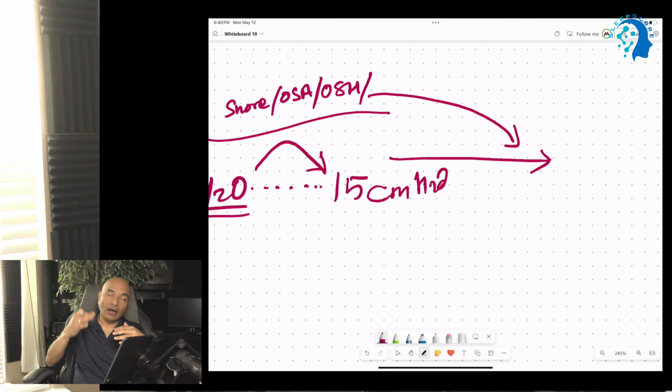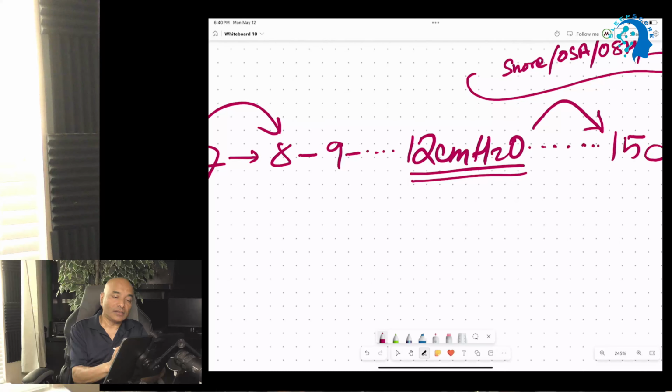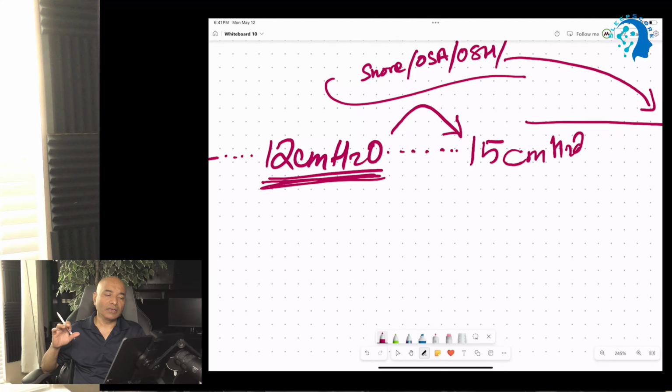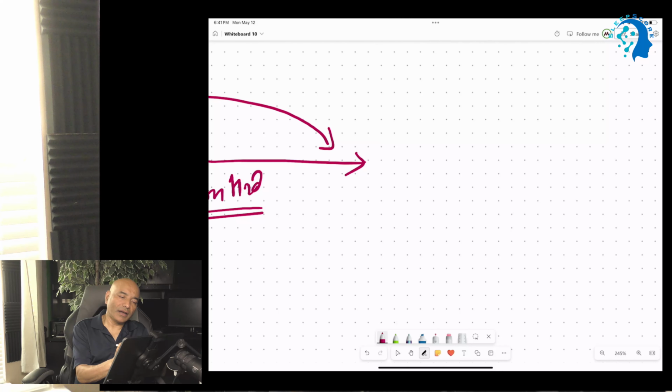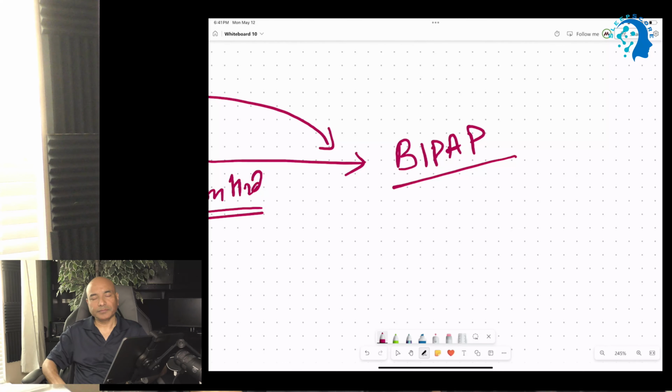You increased according to the 10 to 15 minute rule, and the mask seal is pretty good, but you still see snore. The patient is not fixed. What to do? That will be another situation. But if you fix it at pressure 12 to 15, you are done. Now let me tell you, after 15, if your patient is still not fixed, then you have to change from CPAP to BiPAP.